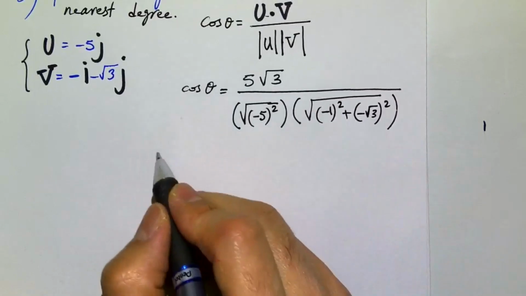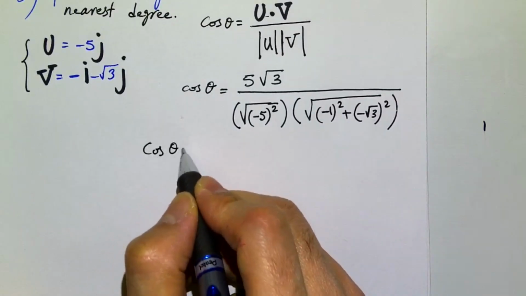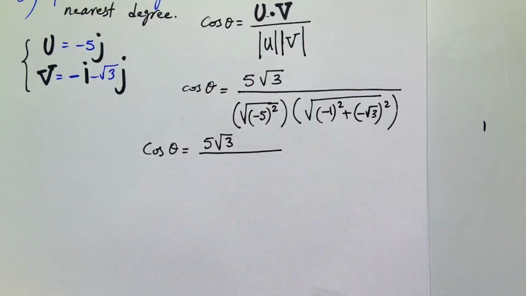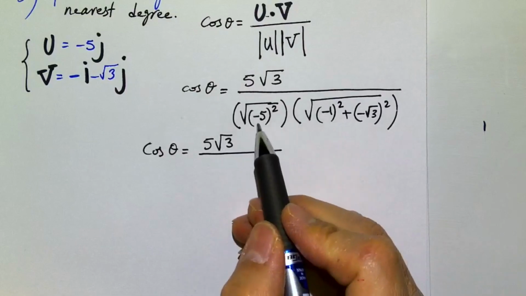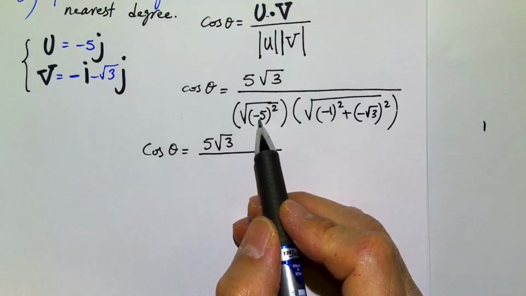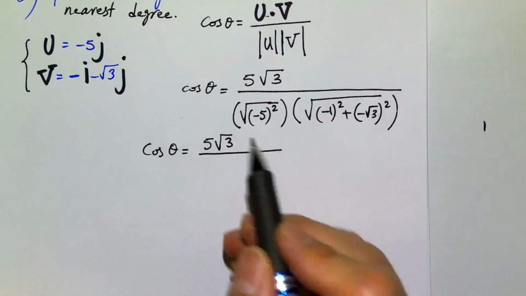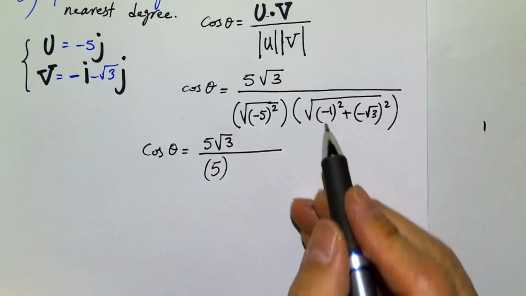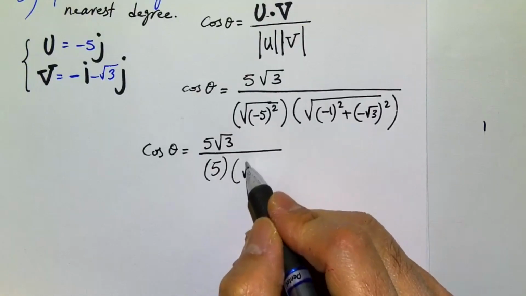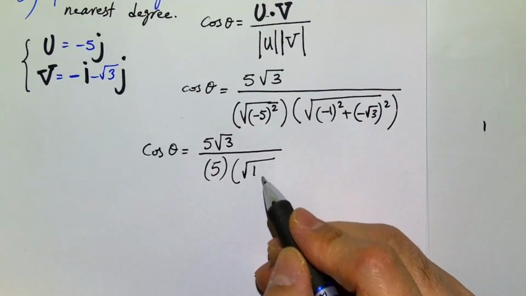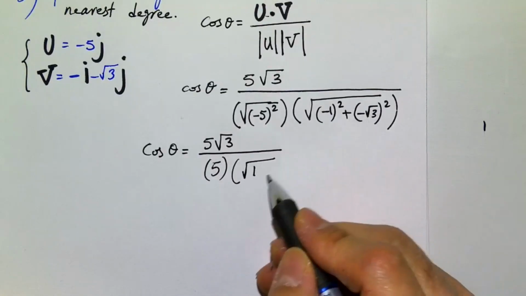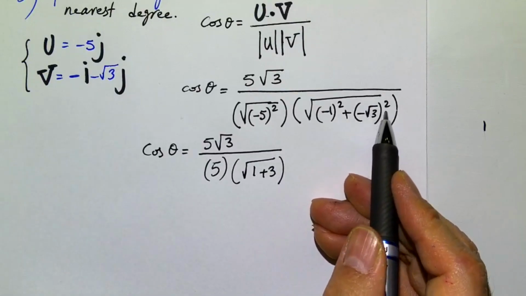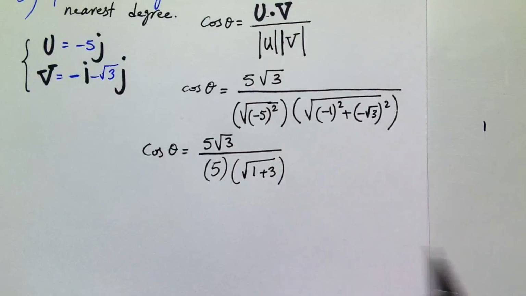All right, so cosine of theta is equal to 5 square root of 3 divided by, this is simply 5, since the square root of negative 5 squared is just 5. Times the square root of 1 plus 3, since negative square root of 3 squared is just 3.